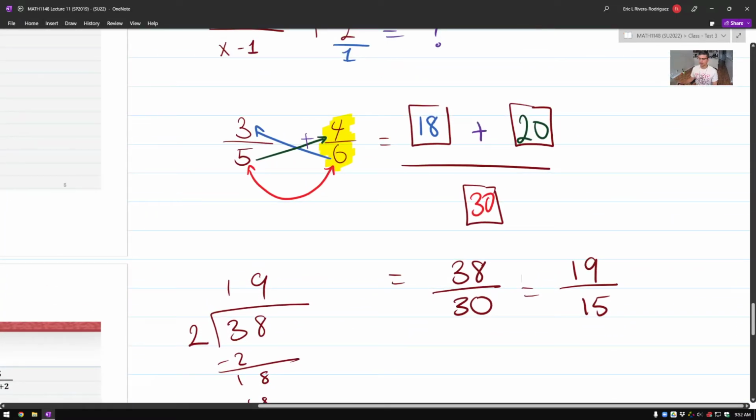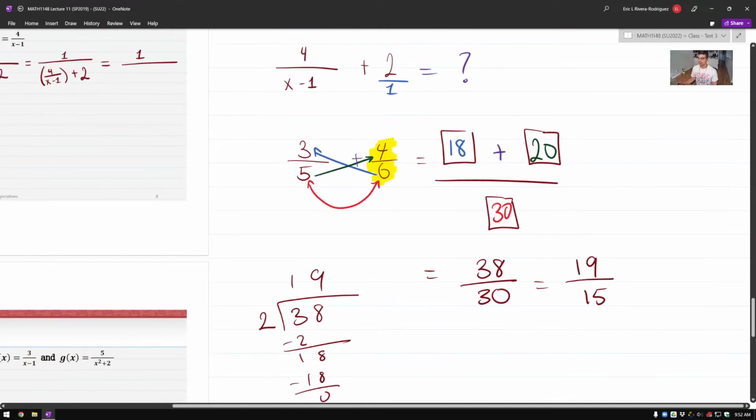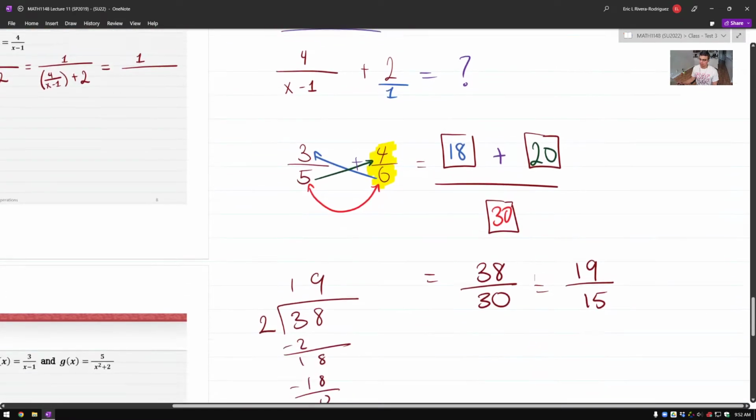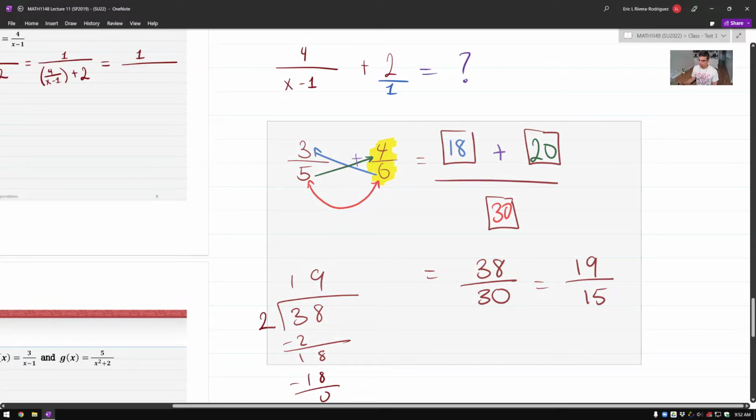We cannot simplify further because these two numbers do not share a common factor other than 1.